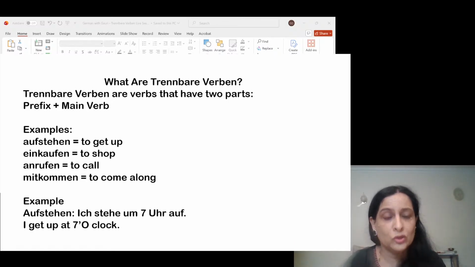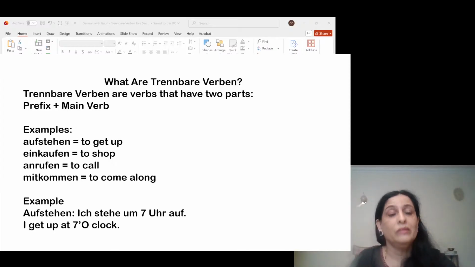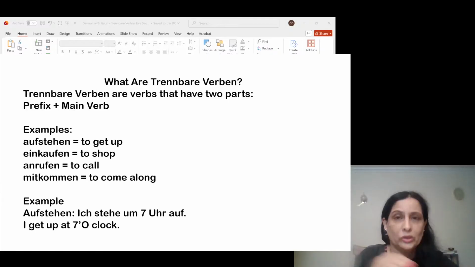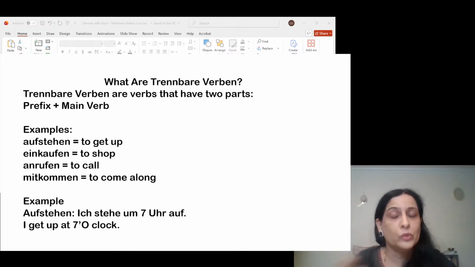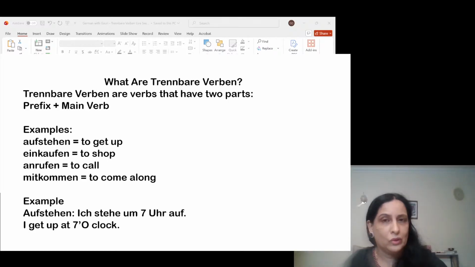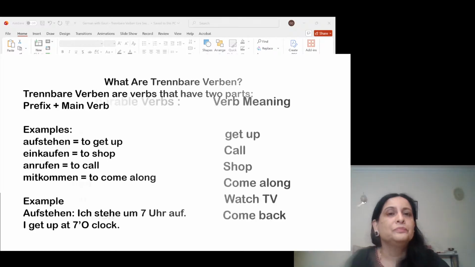What we have done here is just split this verb into two parts. The conjugated main verb stehen will be at the second position in the sentence, and auf, the prefix, will go at the end of the sentence. I get up at 7 o'clock in English, right?